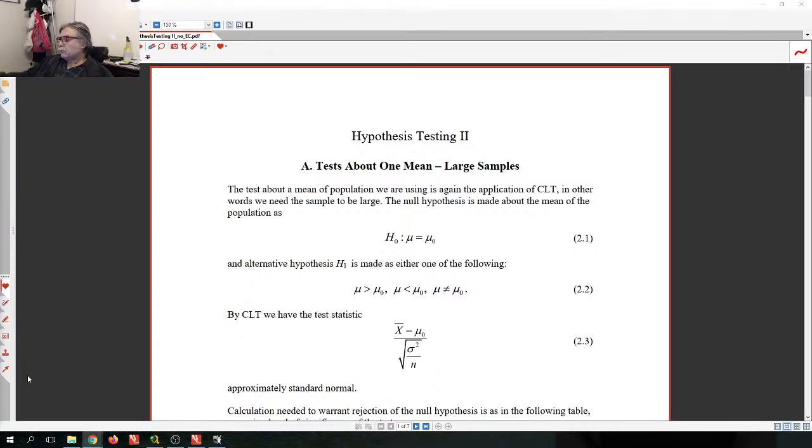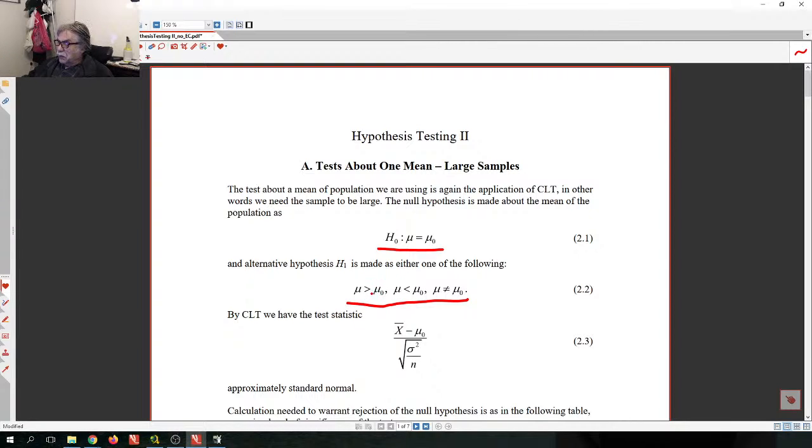Okay? All right, so this is when you are testing claims about the mean. There will be an initial claim, a null hypothesis that says the mean is equal to something. Then you will have an alternative hypothesis that will challenge that.